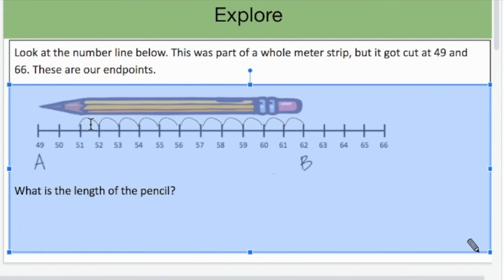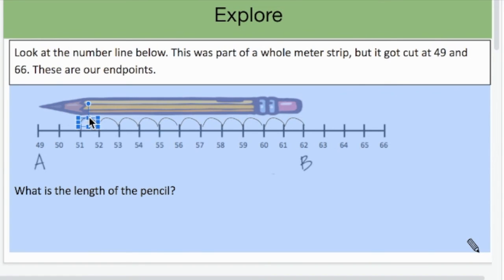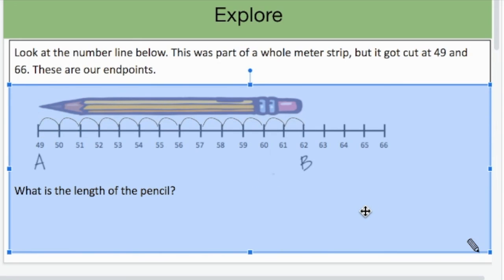I fast forwarded a bit and now we're making our last 2 jumps. There are those red helper lines that appear to make sure everything is nice and straight. Now we can count the number of jumps that we made from 62 to 49, and that should give us the measurement for this pencil.